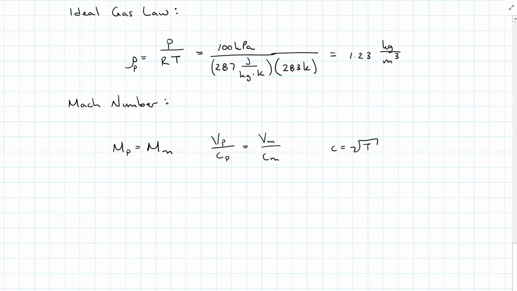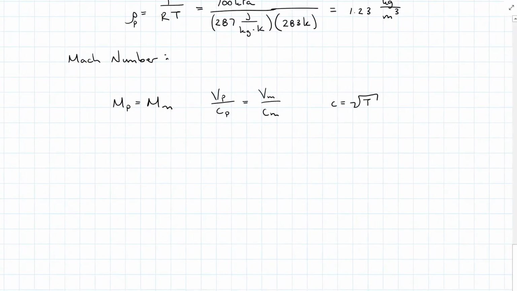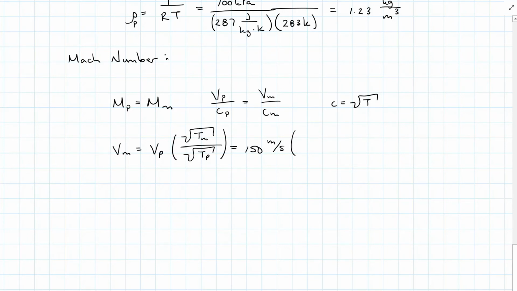So, rearranging all of this and plugging in my absolute temperature, the velocity of my model will equal 150 meters per second times the square root of 298 Kelvin divided by 283 Kelvin, which gives us a model velocity of 153.924 meters per second. So that's how fast our model needs to travel.